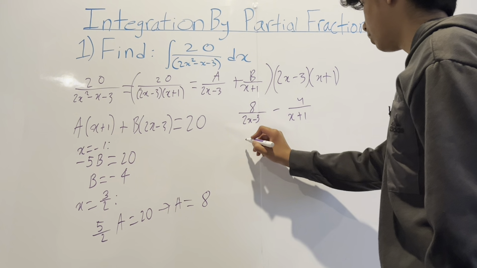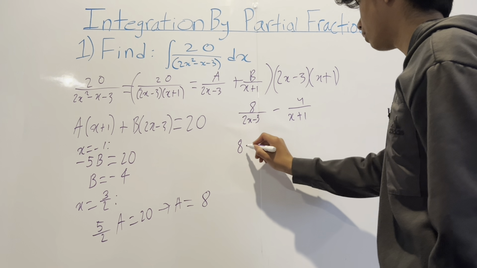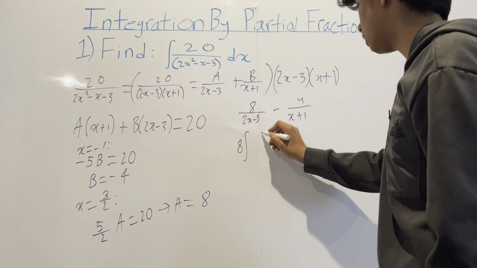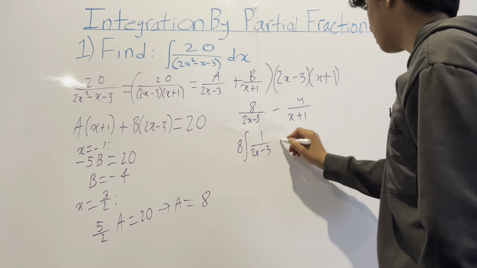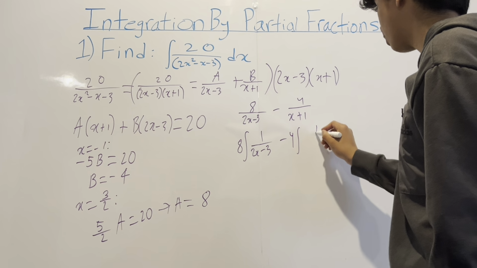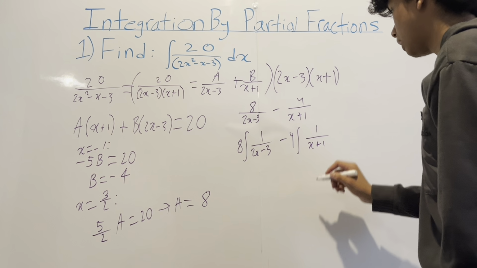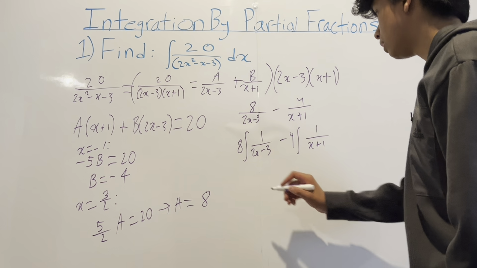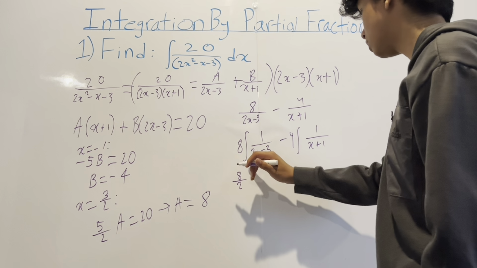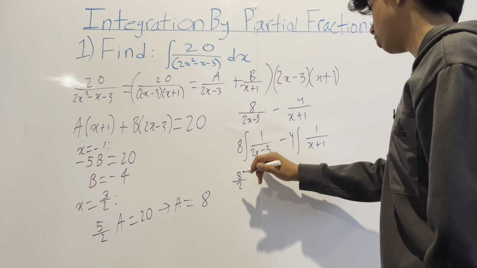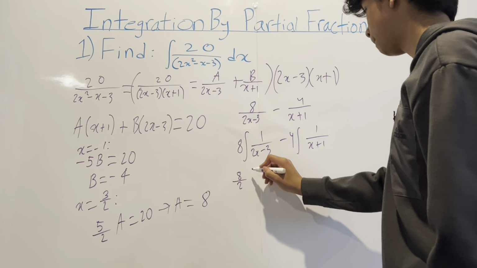So we can rewrite this by removing the scalar multiple, so 8 times the integral of 1 over 2x minus 3, and then minus 4 times the integral of 1 over x plus 1. And now this is just simple ln. So 8 divided by 2, because the derivative of the bottom, 2x minus 3, is 2.